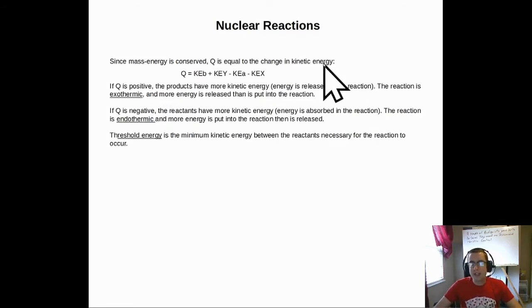But if we want to look at it in terms of kinetic energy, so how much those atoms are actually moving, then we need to do the normal final minus initial setup, because even though the products are going to have less mass, we also know that that means that there's more energy, because that mass energy ratio has to be conserved.